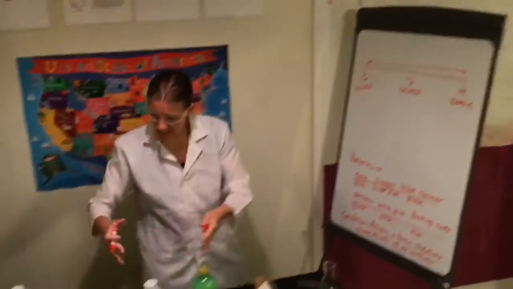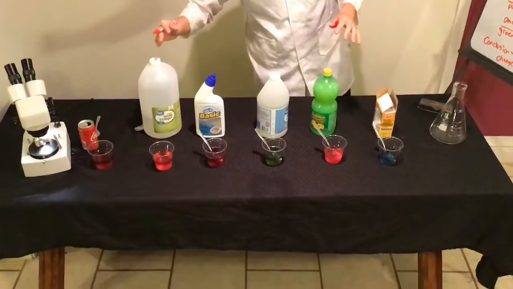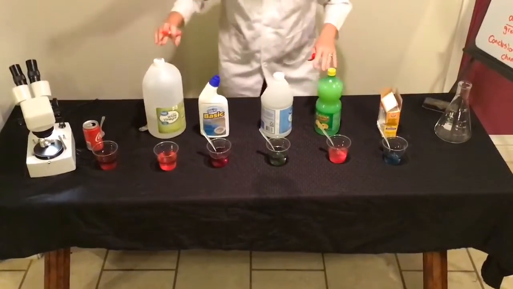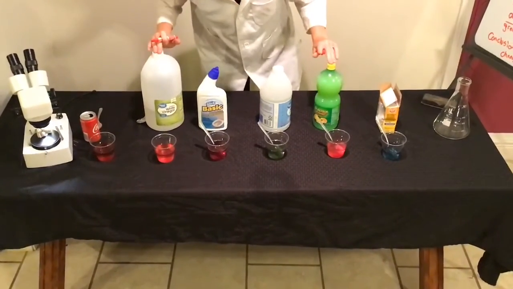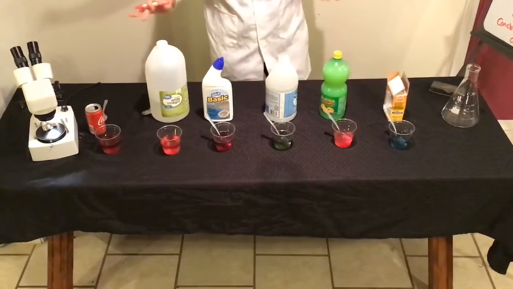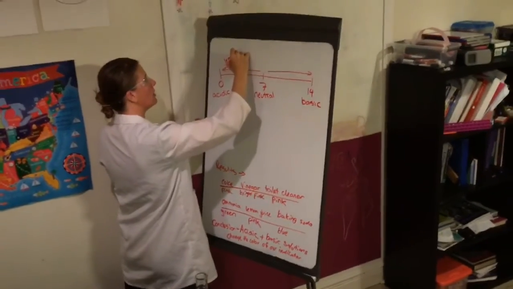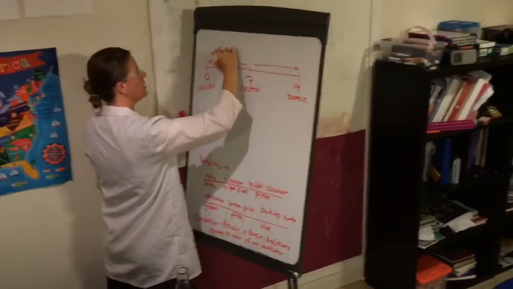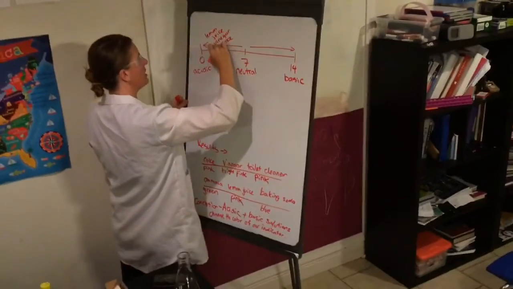So if we're to look at this variety, we could say that somewhere between vinegar and lemon juice are probably some of our strongest acids on the table. But these, we have lemon juice and vinegar and Coke and toilet cleaner.